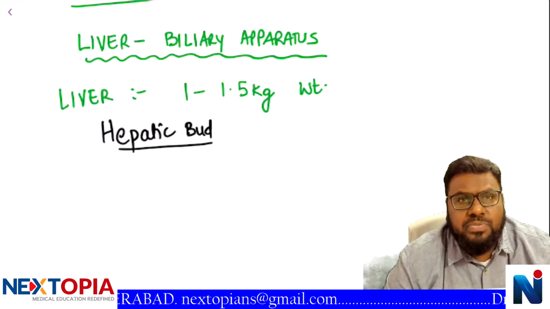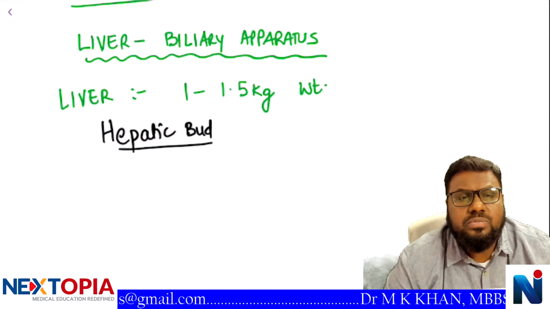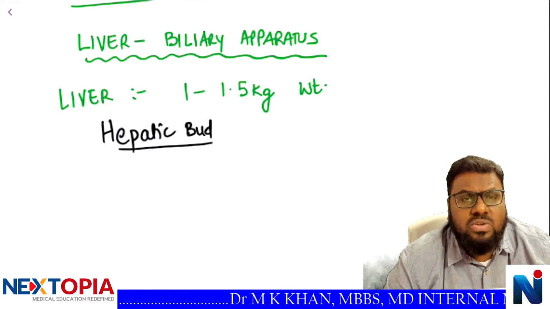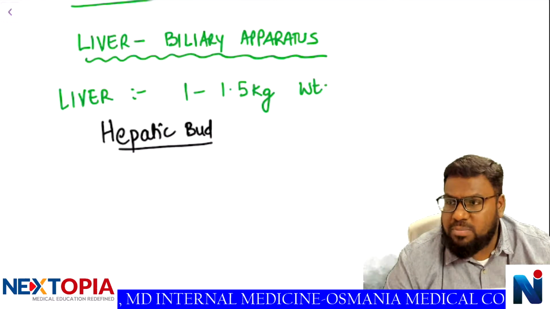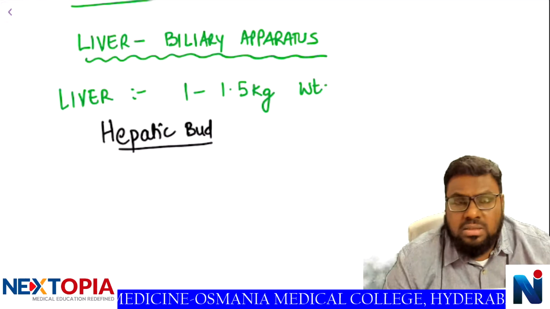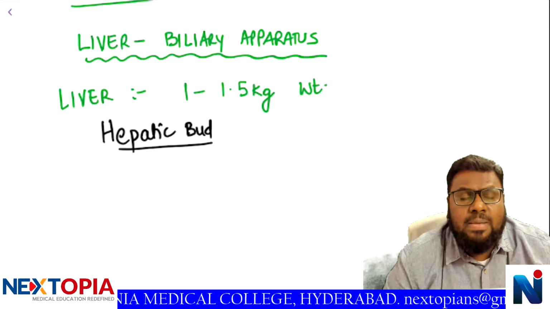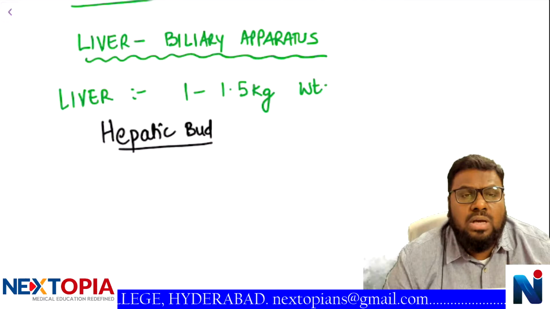This hepatic bud consists of rapidly proliferating endodermal cells, which can grow above and below.